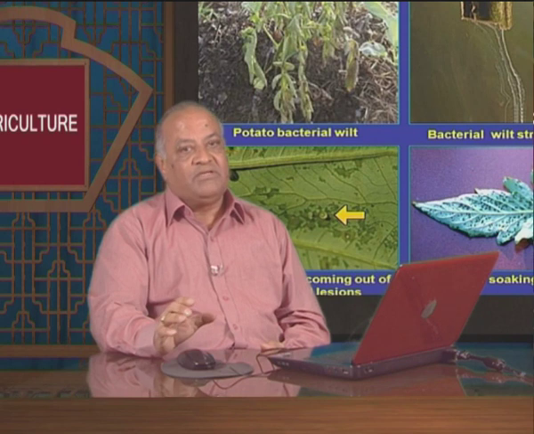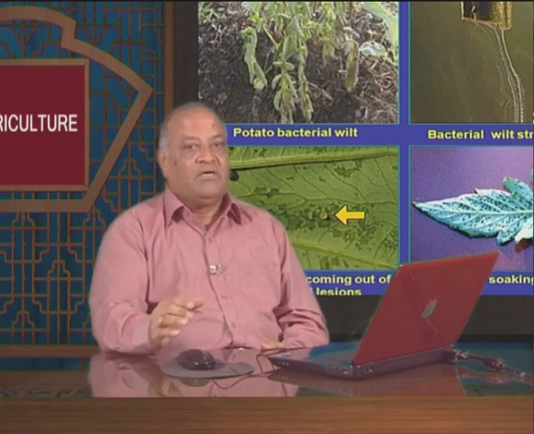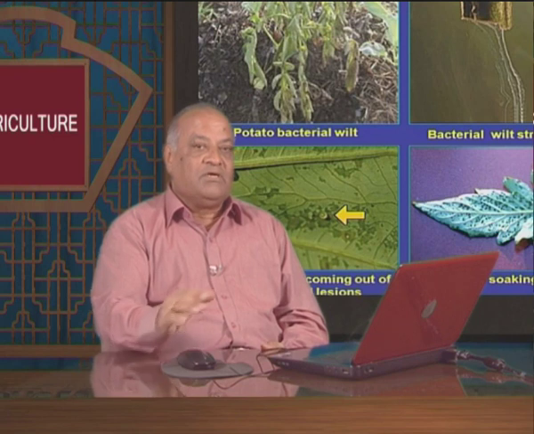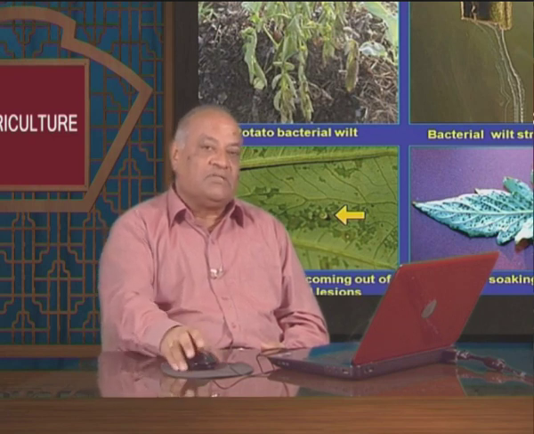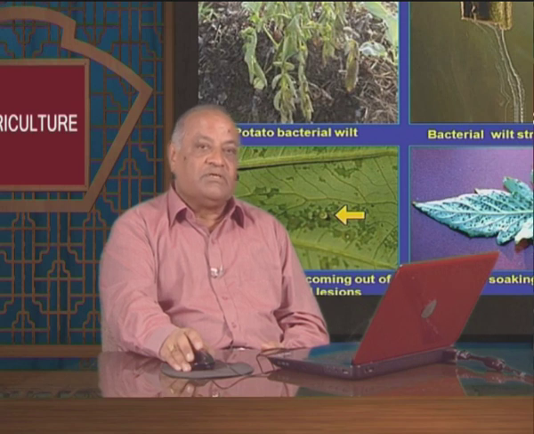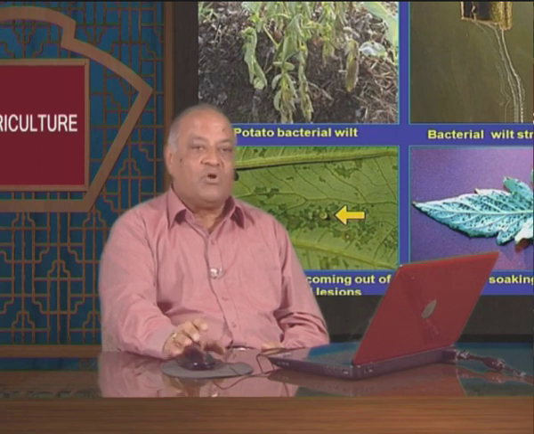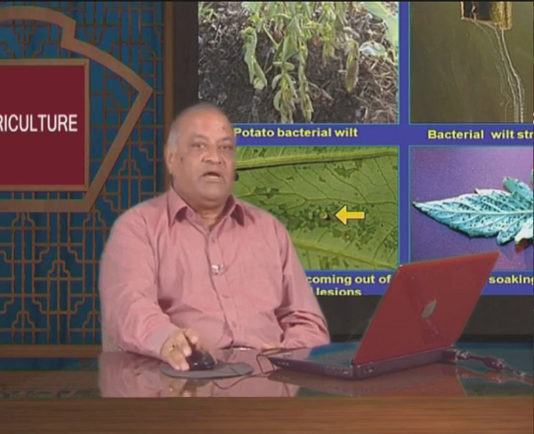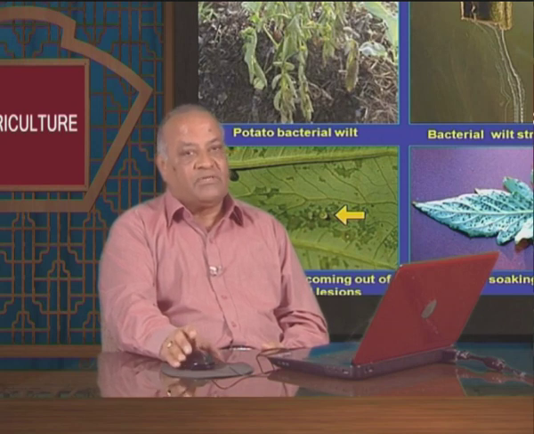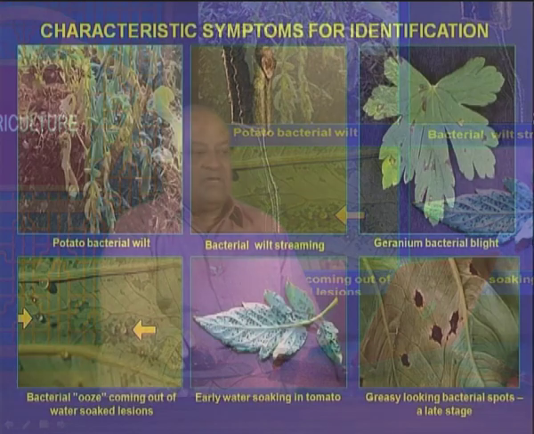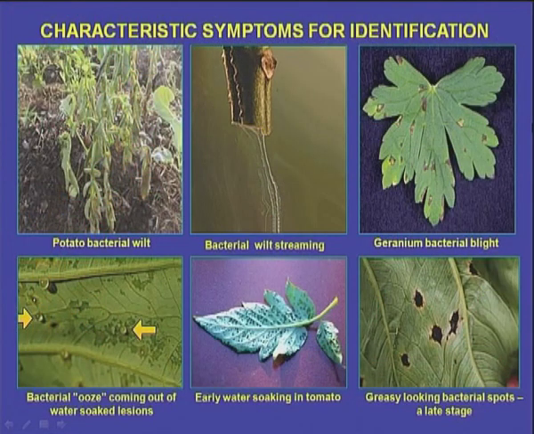After bacterial infection the pathogens plug the tissues which conduct the minerals and water translocation in the living plants, and therefore the water and mineral nutrition is not available to the affected plants, and ultimately after infection they show the drooping of the leaves. As you are seeing here, the leaves are showing the drooping, and it is the potato plant showing the wilt infection.